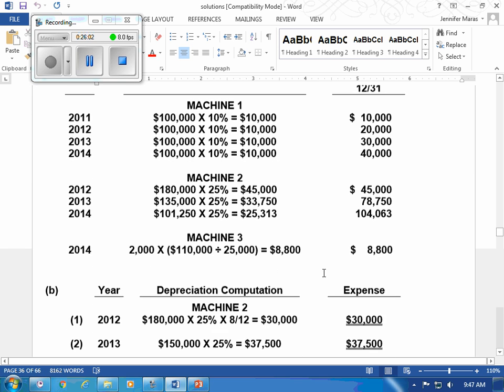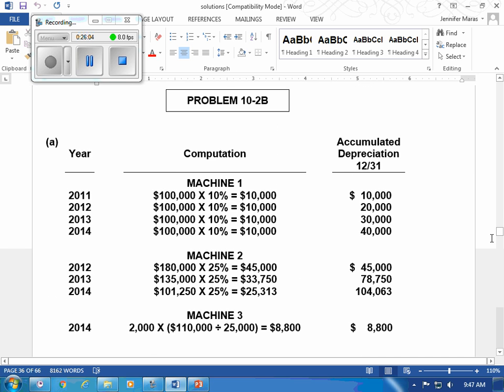I would assume my answer key looks way different than yours, but can you get at the numbers anyway? Okay. I like our way better than the book's way. Would you agree? It tells the story better.